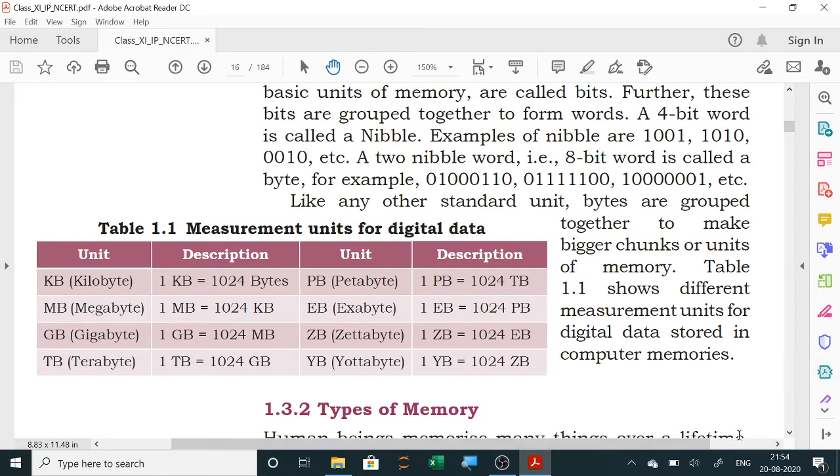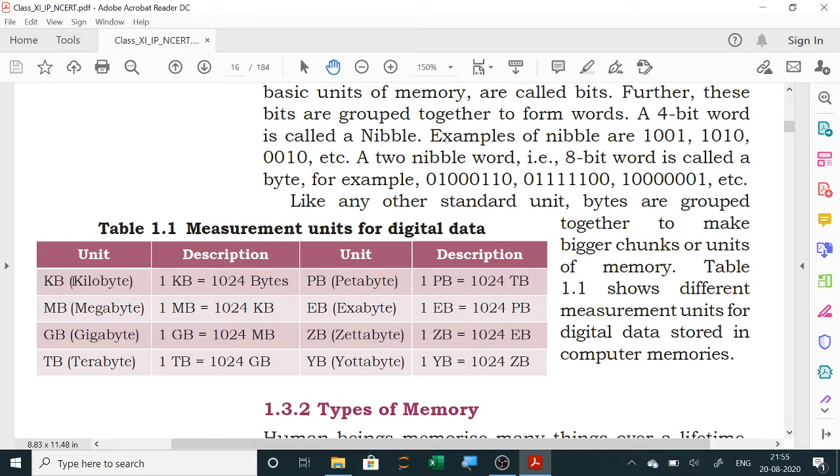Like any other standard unit, bytes are grouped together to make bigger chunks or units of memory. When we store data, it will be in kilobytes, megabytes, gigabytes, terabytes. Now how do we check how much it is?